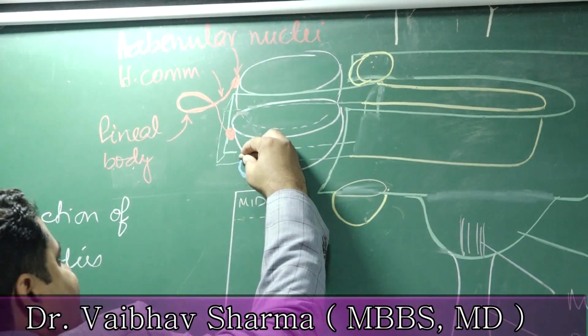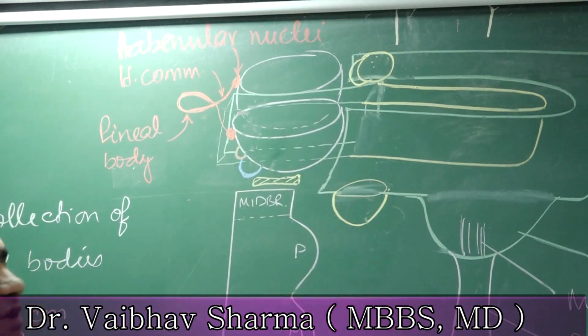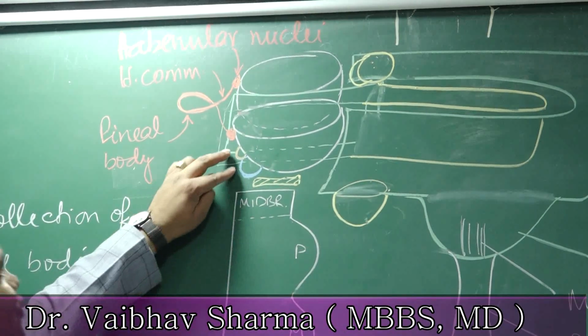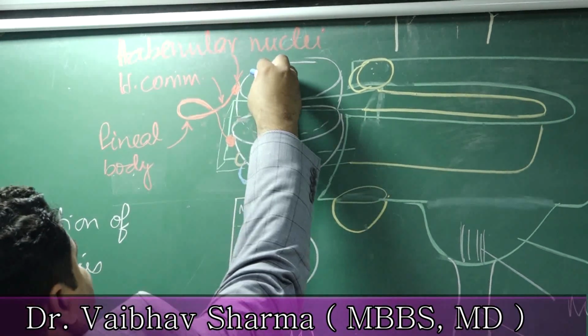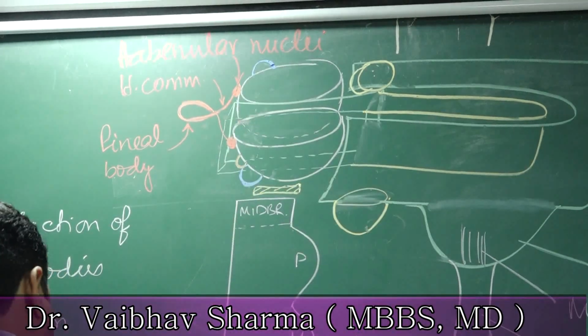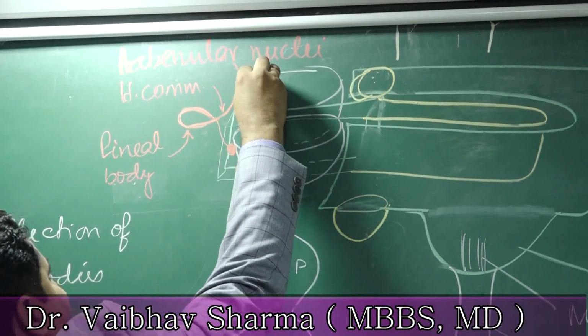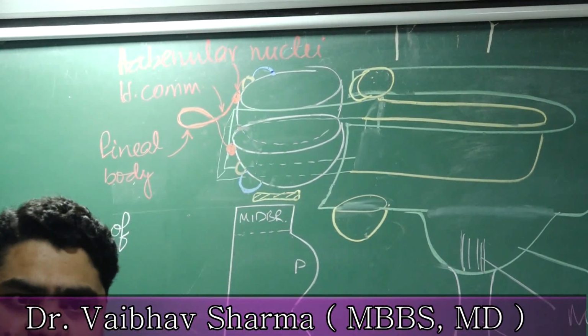Another body which is attached medially to this is called as medial geniculate body. These two structures comprise of metathalamus.